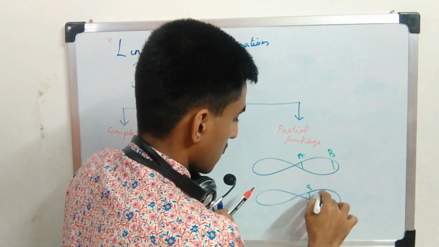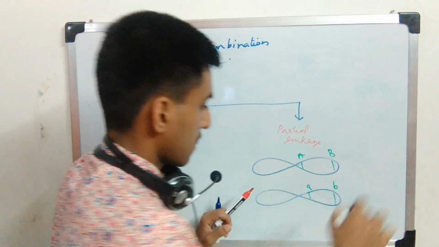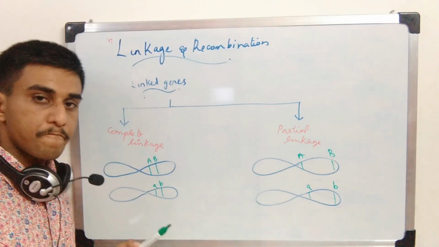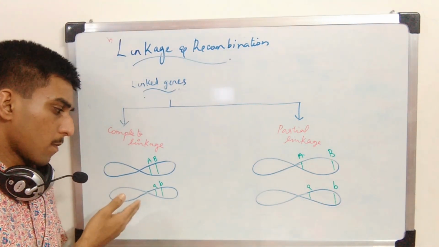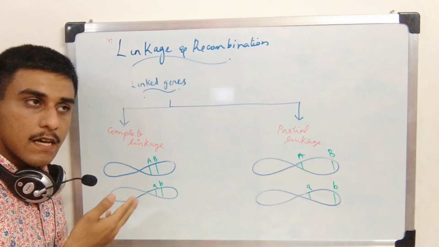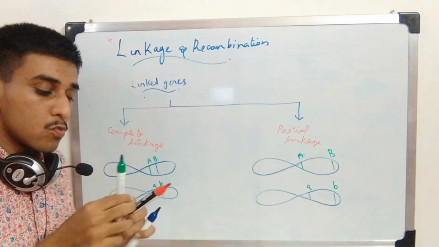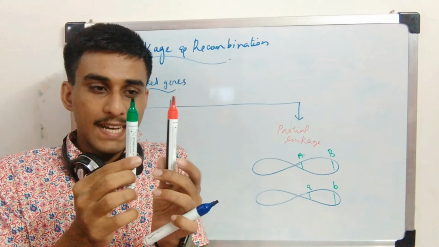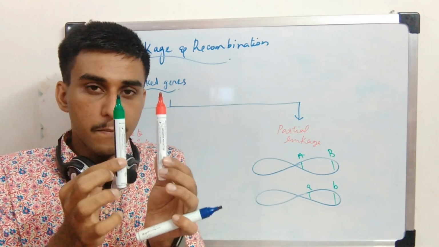A, B. Okay. So in this form, or in complete linkage, you just think that if the two genes are together, the chance of crossing over in meiosis is less.